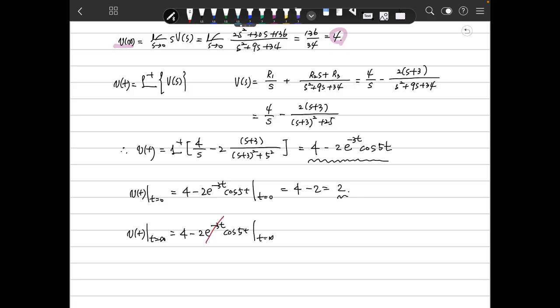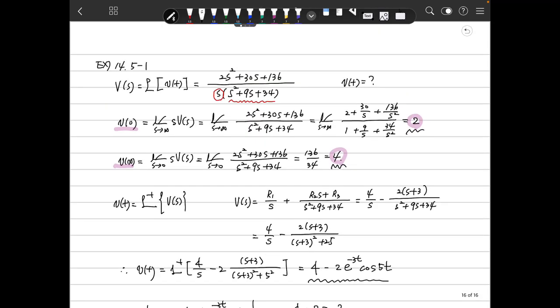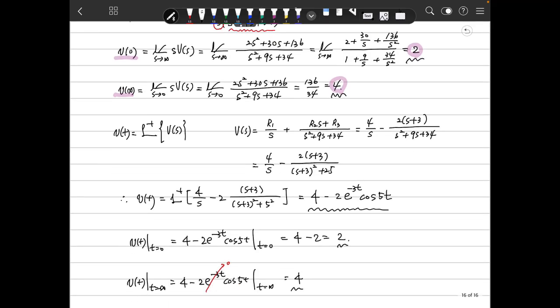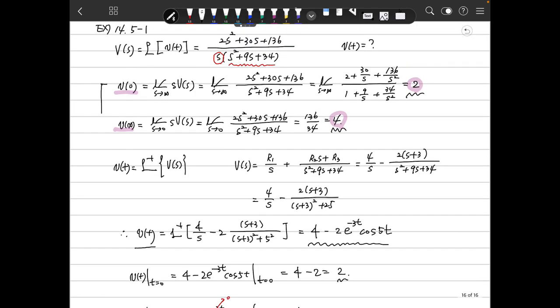Because of infinity, that term goes to 0, so there will be 4. The same as the theorem values. So the initial and final value theorems are exact in a real system. If we want to know the initial or final value, we don't need the inverse Laplace to get the time domain function. Just calculate this simple equation and you can get the final and initial values. Very simple.